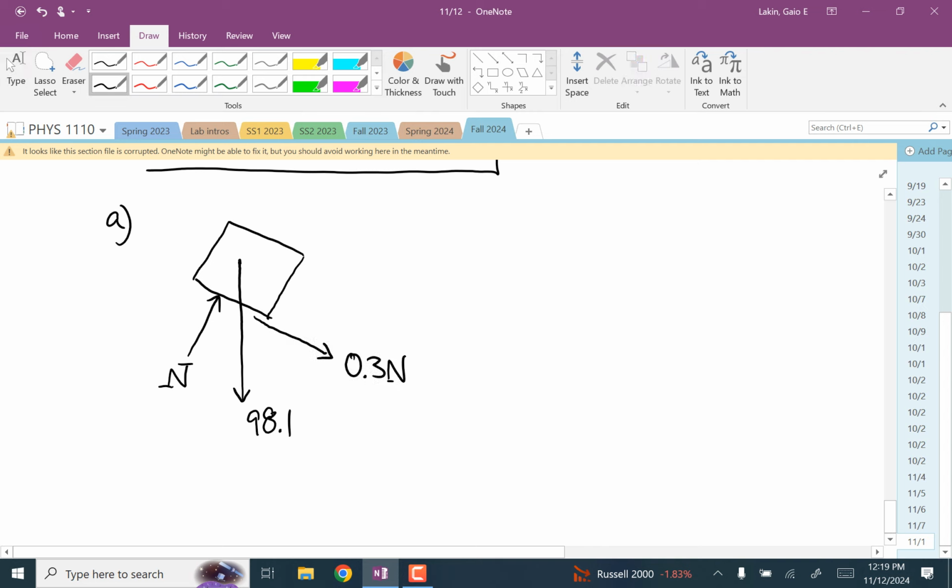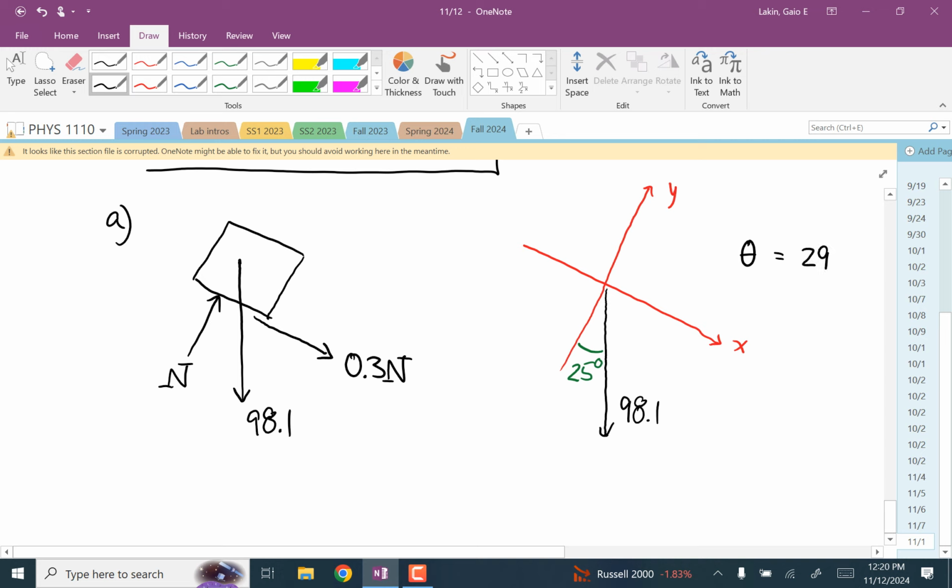And since we're using a rotated coordinate system, we have to figure out the components of the weight force. So here's our coordinate system. There's our weight force of 98.1. This angle is 25 degrees. That's the angle of the incline. And so the total angle theta that we want to use is 270 plus 25, so 295.